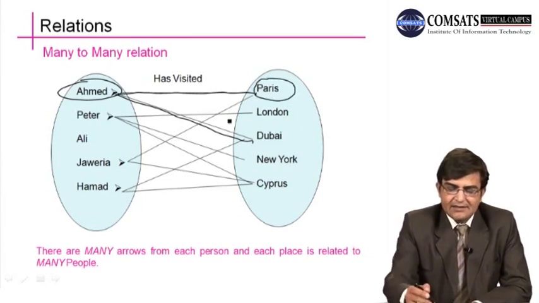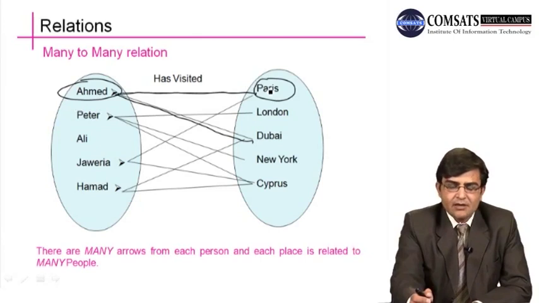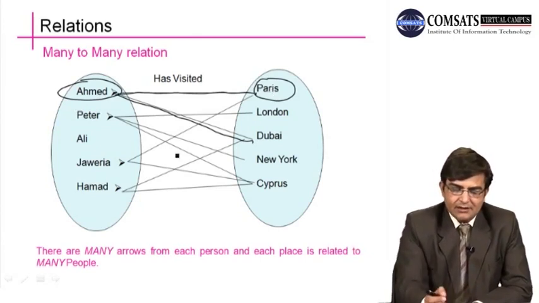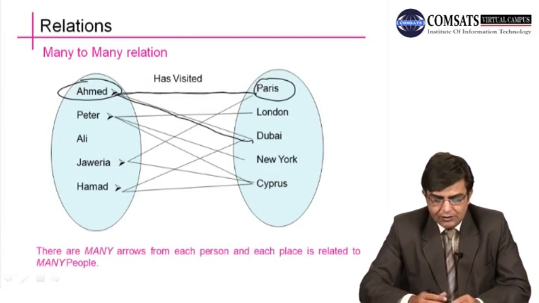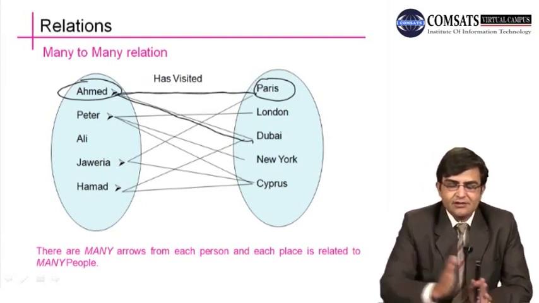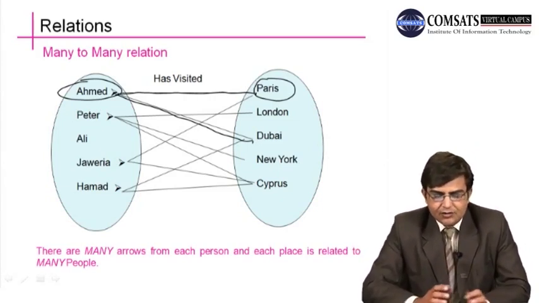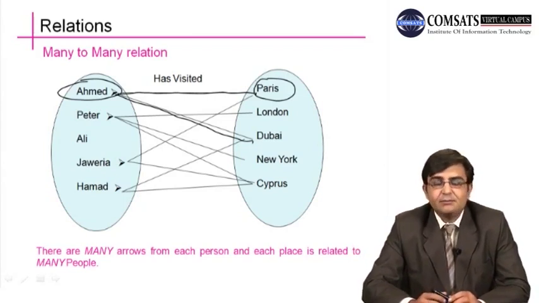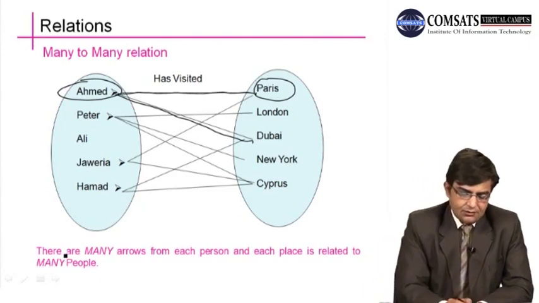And Paris has been visited by many persons: Ahmed, Javeria, Hamad. So you can see that we can relate one person to many places and one place to many persons. Such types of relations are many-to-many relations.